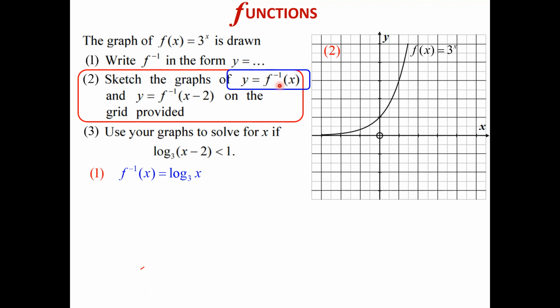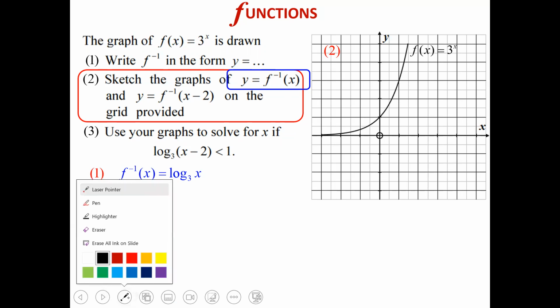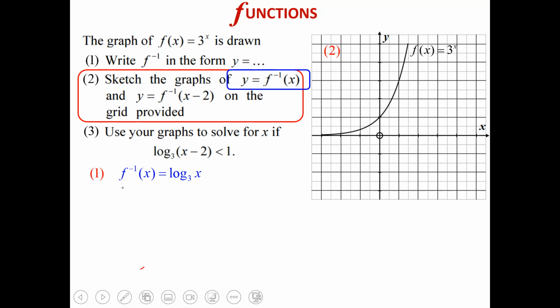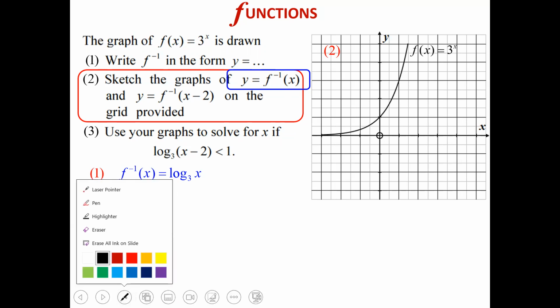So if we look at the graph right now, we will notice that we have an asymptote, and the x-axis is the asymptote. And if we're looking at our y-intercept, it's sitting at 1. So any ideas how we're going to draw this graph?